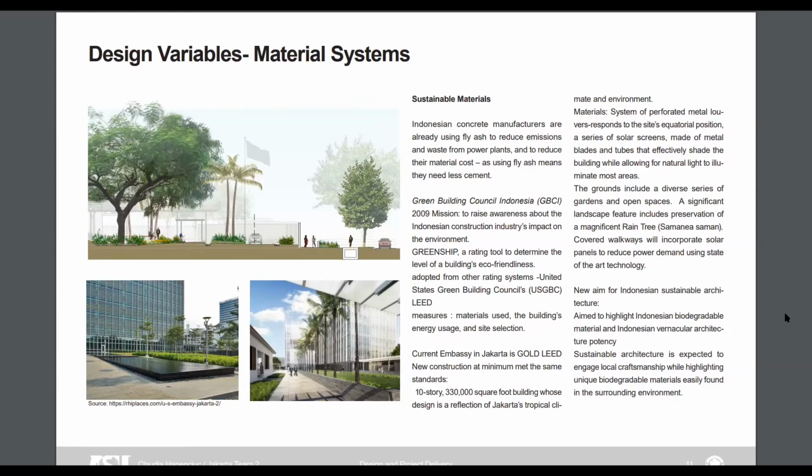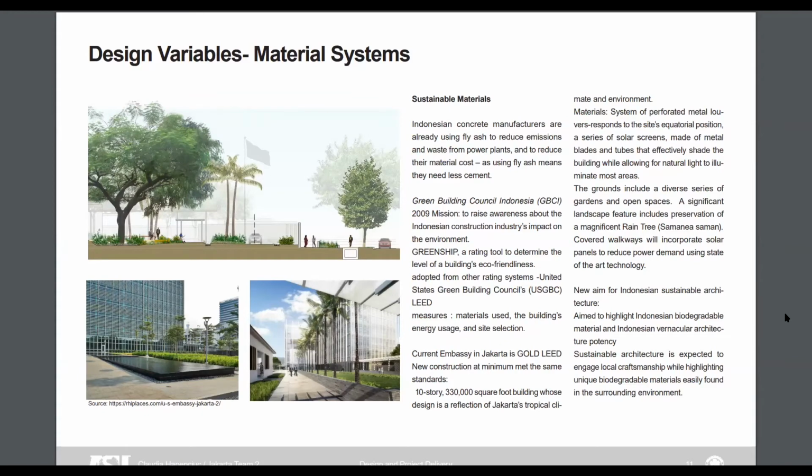So really understanding more sustainable materials, whether they're local materials or sustainably produced. Also understanding material systems through sustainable methods or grading systems, such as the Green Building Council of Indonesia, and having some sort of measurement as to how materials are used, how the energy is used, and how the site is used as well. All that plays into the materials.